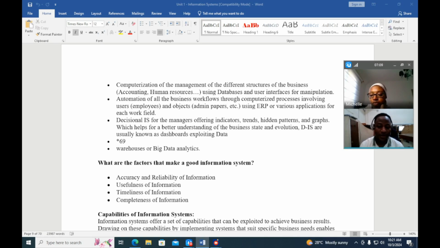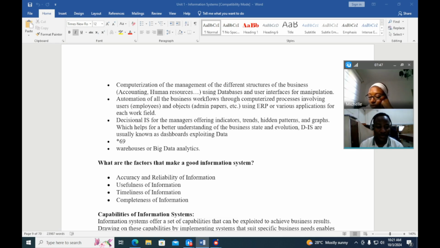Number two, there is automation of all the business workflows through the computerized processes. So through computerization, we are able to automate the workflows.